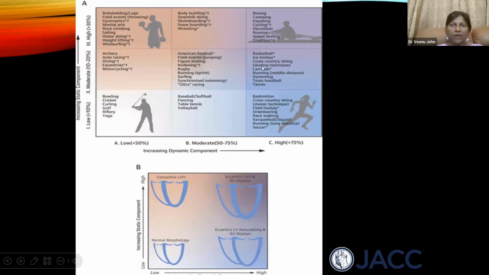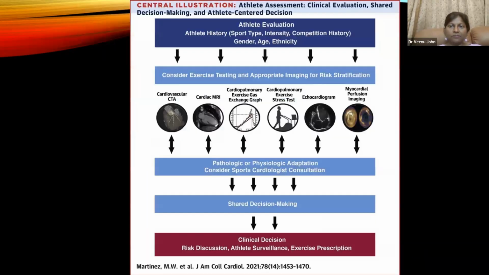We already know, and we've gone through this slide previously, that each exercise has a certain amount of dynamic component and a certain amount of static component. As the dynamic and static component increases, the maximum amount of changes happen in the heart. Some people who are genetically prone have more changes in the heart when compared to those who don't have those genetic changes.